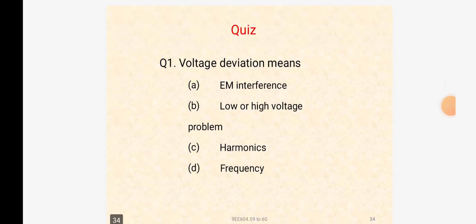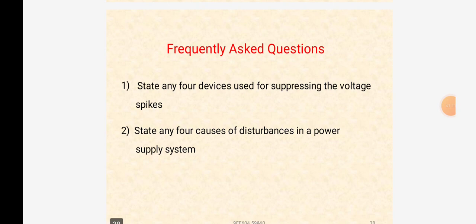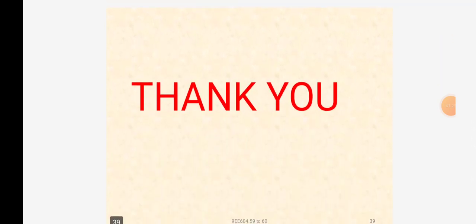And also here we have a few quiz questions and frequently asked questions: state any four devices used for suppressing voltage spikes, and state any four causes of disturbances in a power supply system. So this is the class on applications of electronic circuits.